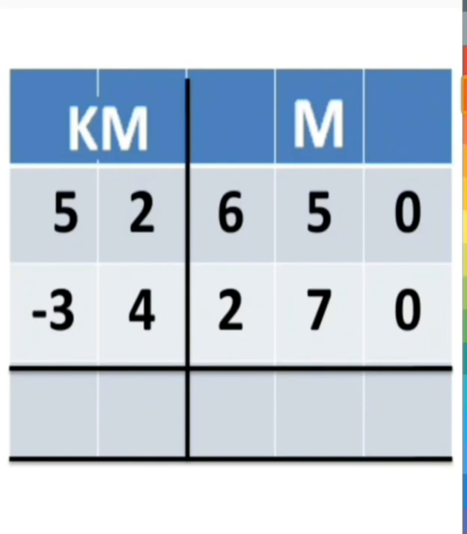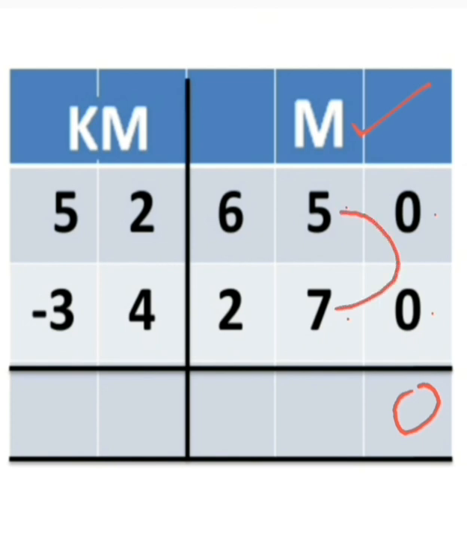First children, we will start from the meters column. So here we have 0 and 0. So 0 minus 0 is 0 only. Now let us see the next column. In the next column we have 5 and 7. But children, we cannot subtract 7 from 5 because 5 is smaller than 7.